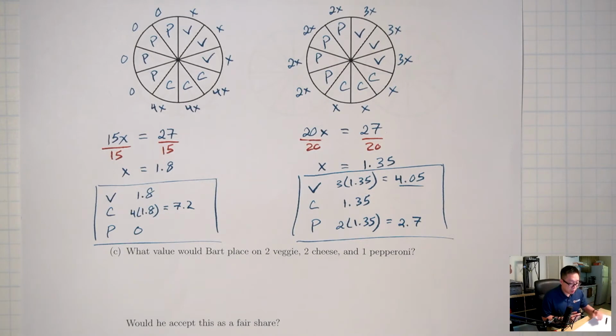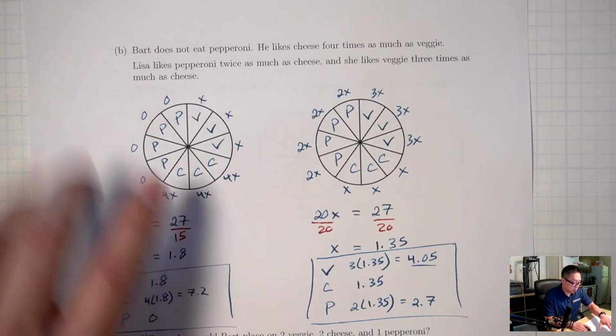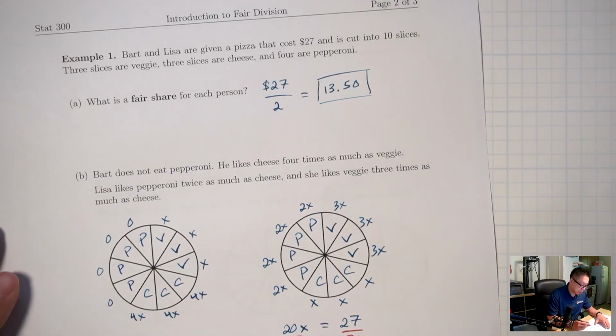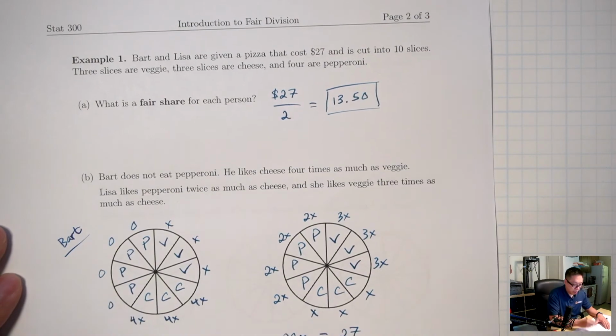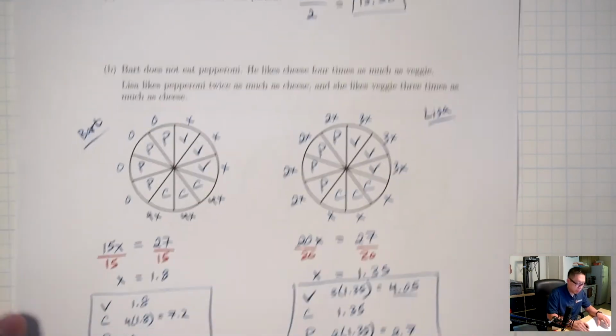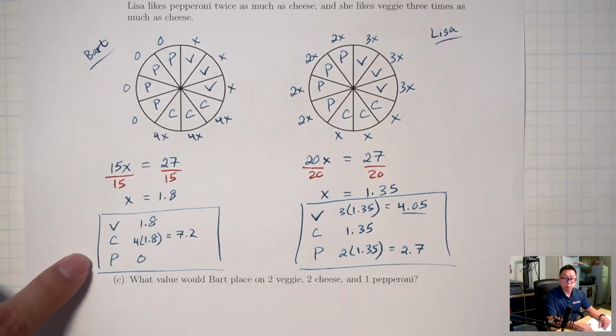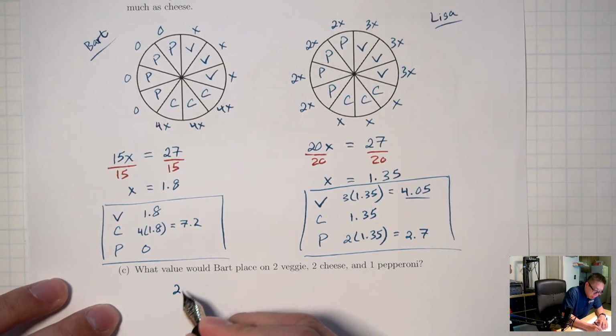So all we need to do is 2 veggies, right? So this first pizza was Bart's pizza. This was Bart. And the second pizza was Lisa's. Okay, so we'll use Bart's values. 2 veggies, so 2 times.